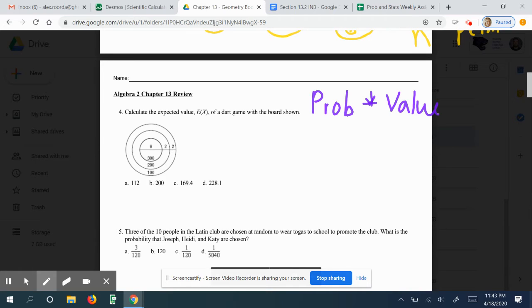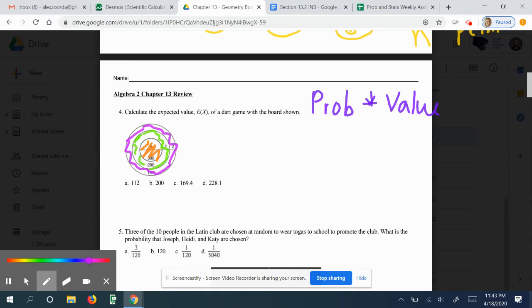So first we're going to find the area of the orange circle, then the green circle, and then the purple circle on the outside. We'll find their probabilities, and then we'll multiply by their point value because each one has a different point value.